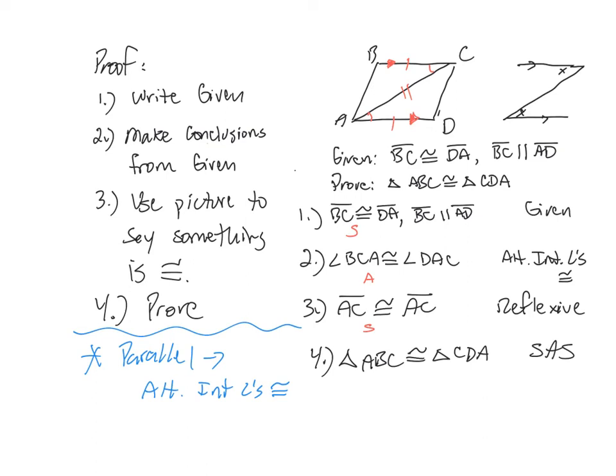It doesn't necessarily mean write the given down, make conclusions from the given, and then do a vertical angle or a reflexive typically. You should have a side, angle, side at that point. Just what to do with some of the given information.